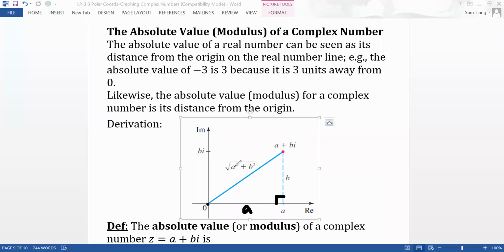Okay, and that's going to be the square root of a squared plus b squared, right? Just using the Pythagorean theorem. a squared plus b squared is equal to the distance of this complex number from the origin squared, and then you take the square root of both sides, you get square root of a squared plus b squared.